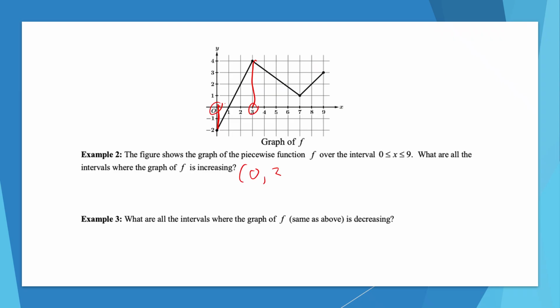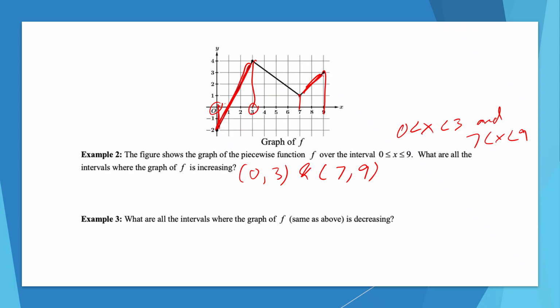So this should be 0 to 3. And then we also need to include from 7 to 9. Both of these portions of the graph are increasing. So 0 to 3 and 7 to 9. That looks good. I'm just going to use interval notation. You could also say, if you wanted to, that's fine as well.